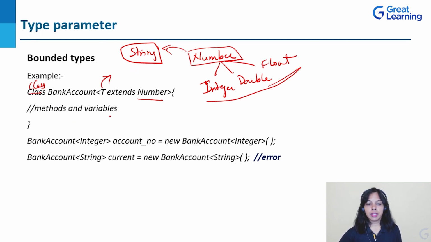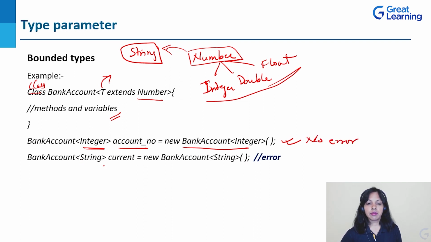After defining the methods and variables, when we try to call these methods and variables and create an object of this BankAccount class, then how does it work? BankAccount, name of the class, and then here T is specified as Integer. And then the name of the object, then new keyword and the constructor for it. You can see here Integer is a subclass of the Number class. So here there won't be any error. It will work fine.